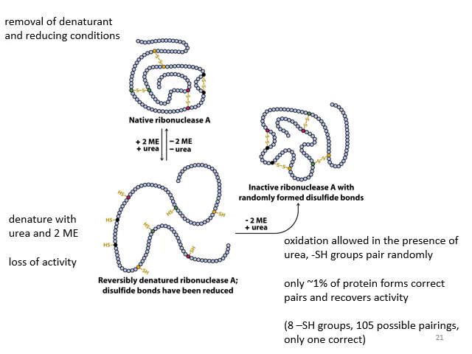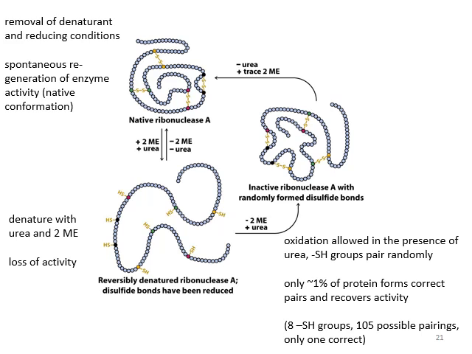So, if he now removed the denaturant and kept reducing conditions intact, so if he removed the urea and left just a little bit of mercaptoethanol, he could reconstitute the native ribonuclease A, which would be active. And so this was very interesting.